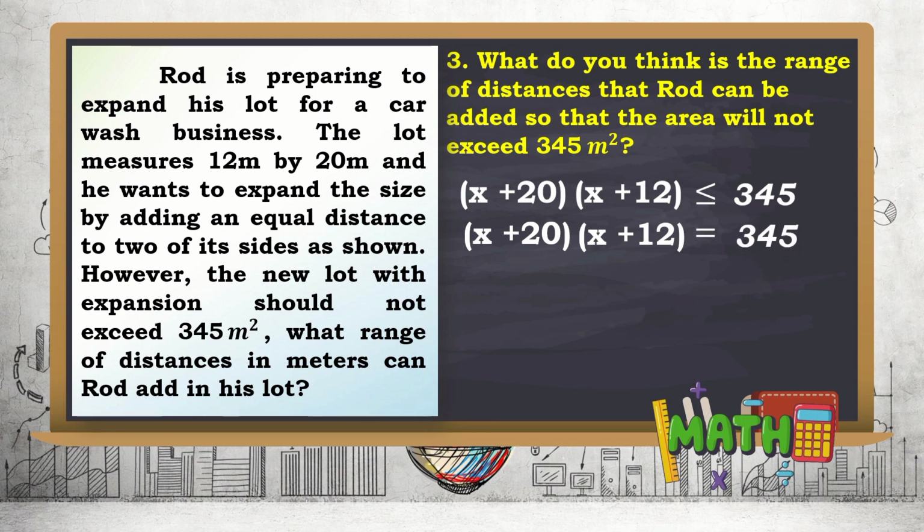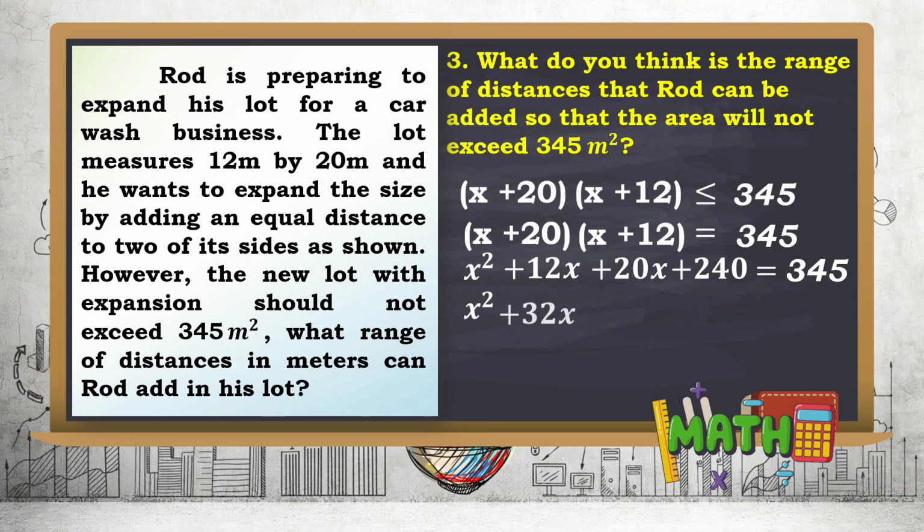Then distribute. x times x is x squared. x times 12 is 12x. 20 times x is positive 20x. And 20 times 12 is positive 240, equal to 345. Then combining similar terms, we have x squared, 12x plus 20x is 32x, plus 240.